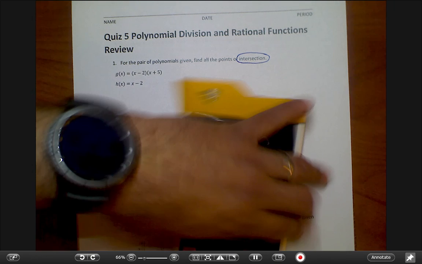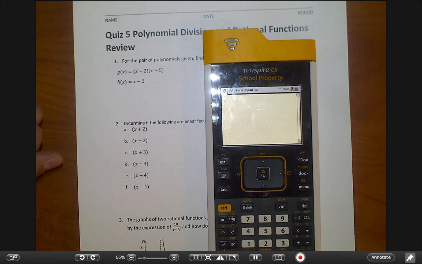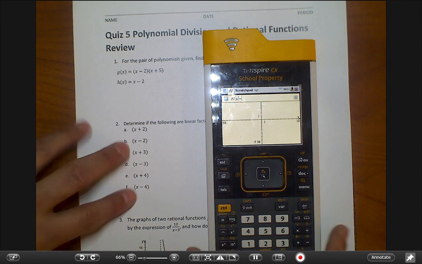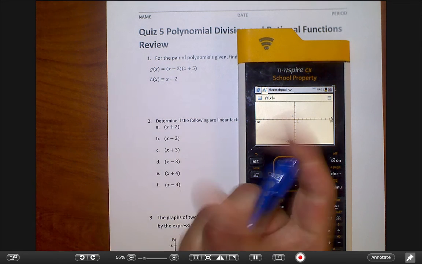So I'm going to go through. I have my calculator. I already cleared my scratch pad. And I'm going to go to my graph. There's my function. So in function 1, I'm going to put in my first line.